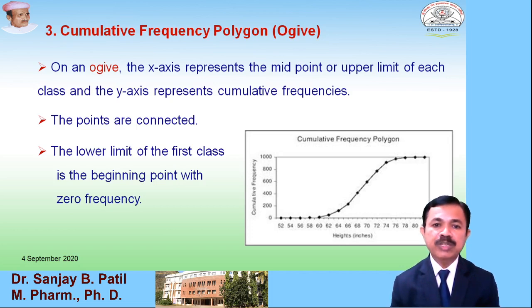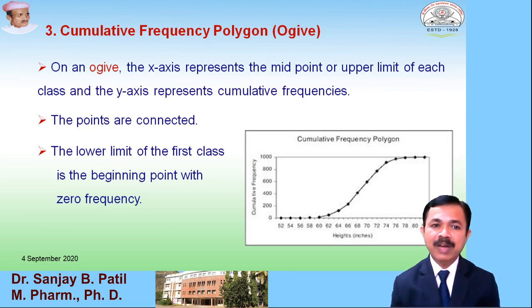Third type of the chart or plot is the cumulative frequency polygon, which is also known as ogive. So an ogive is the type of graph or chart in which the midpoint or upper limit of each class is presented on the x-axis while their cumulative frequencies are taken on the y-axis.